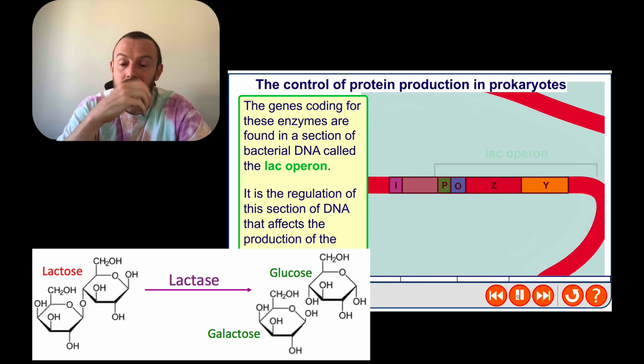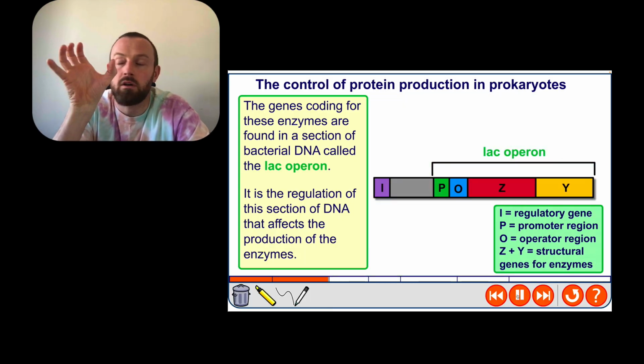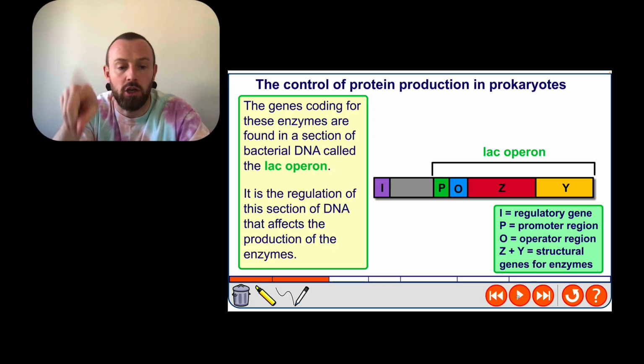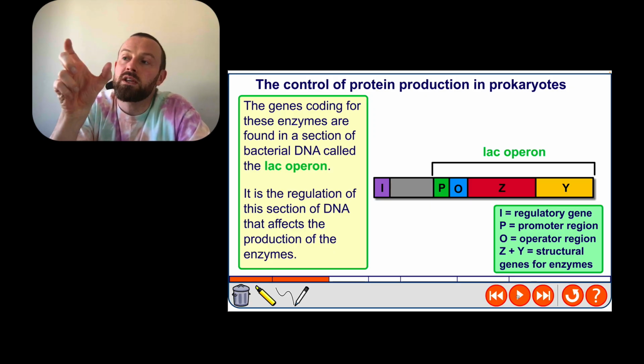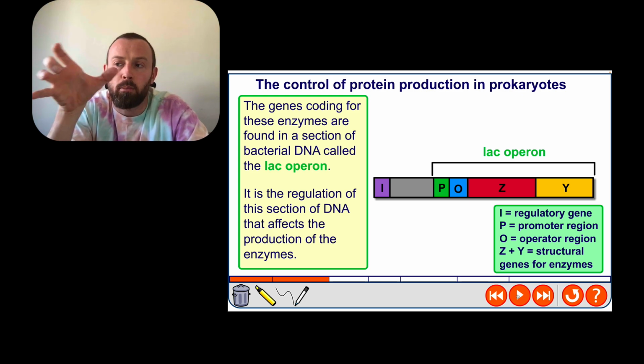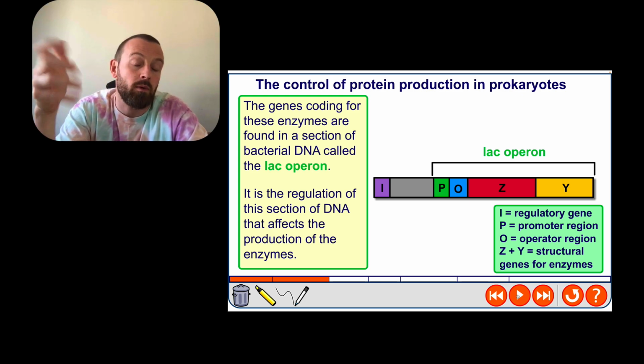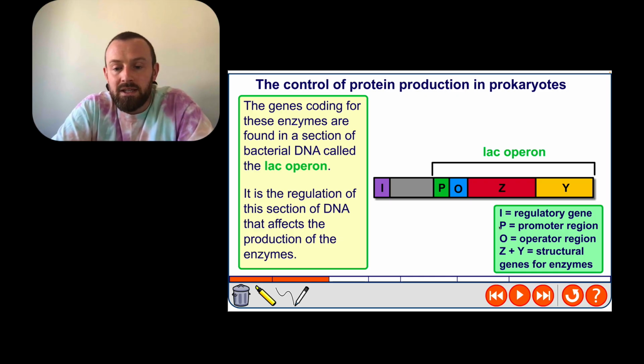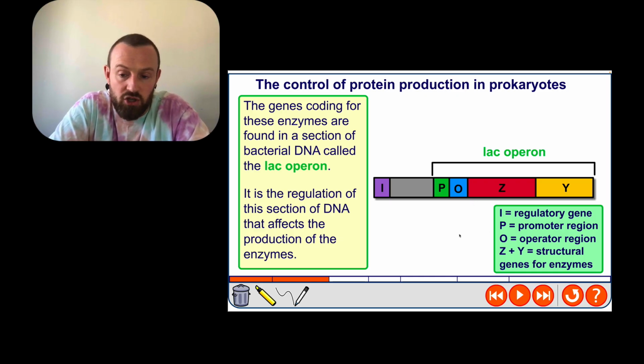Now, the genes that code for all these proteins are right next to each other in the bacterial circular loop of DNA. So we call these genes an operon, because they're next to each other and they operate together. In this operon, we have a few different regions. We have P, the promoter. We have O, an operator region.